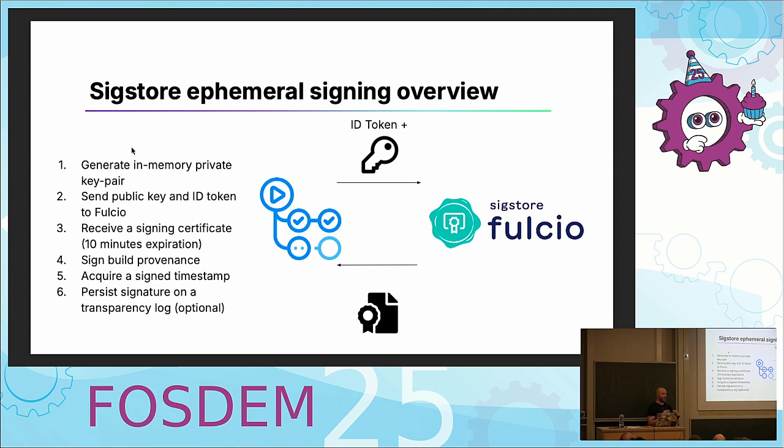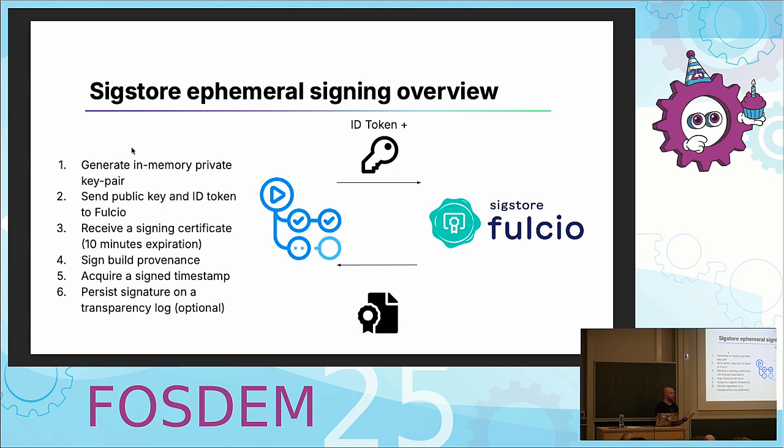So the way it works is that you create an in-memory key pair, and then you send the public key of that together with an identity token describing who you are to the CA, who then verifies the identity token via federation to the identity provider to make sure you're not lying. And then it creates a short-lived certificate that's only valid for 10 minutes, binds it to the public key, and then sends it back. Then you can sign via that certificate.